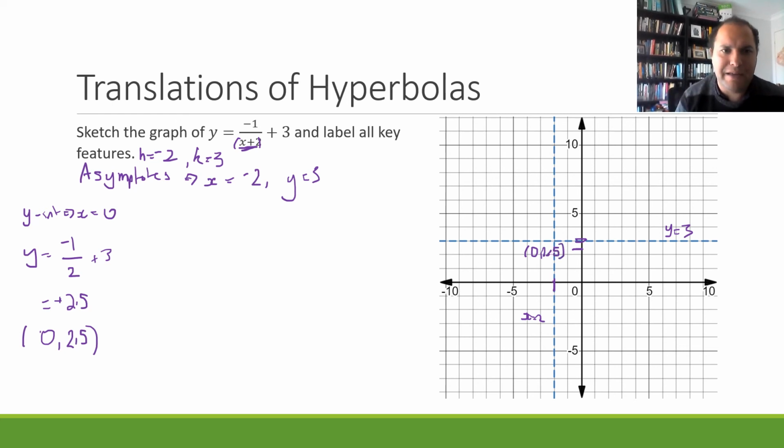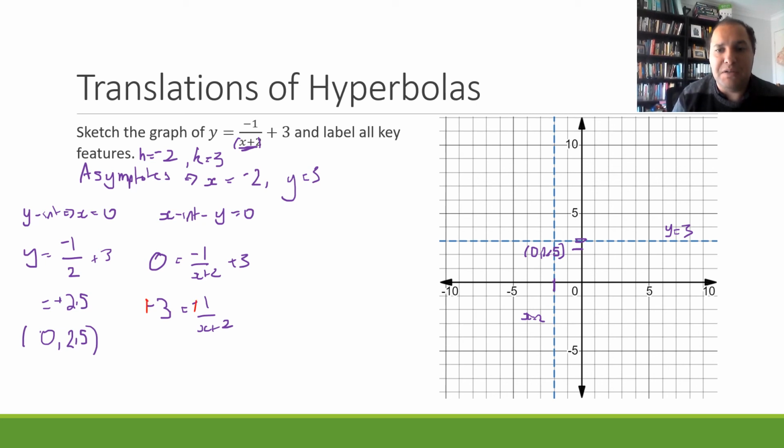Right, now for our x-intercept. Okay, we'll have to use y equals 0 for that. y equals -1 over x plus 2, plus 3. But we don't need y this time. We're substituting in y equals 0, and we're going to rearrange that. So -3 equals -1 over x plus 2. We can divide both of those by -1, so the negatives cancel.